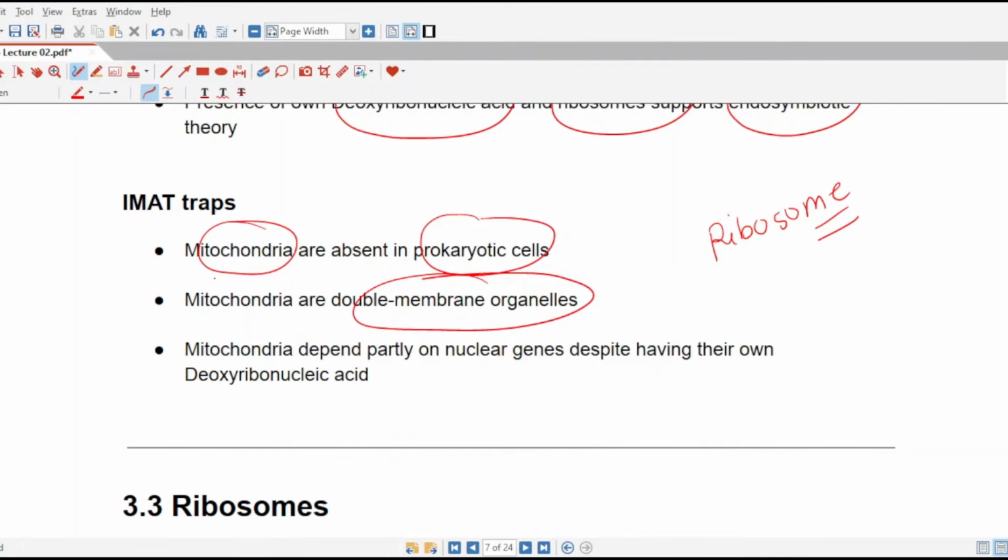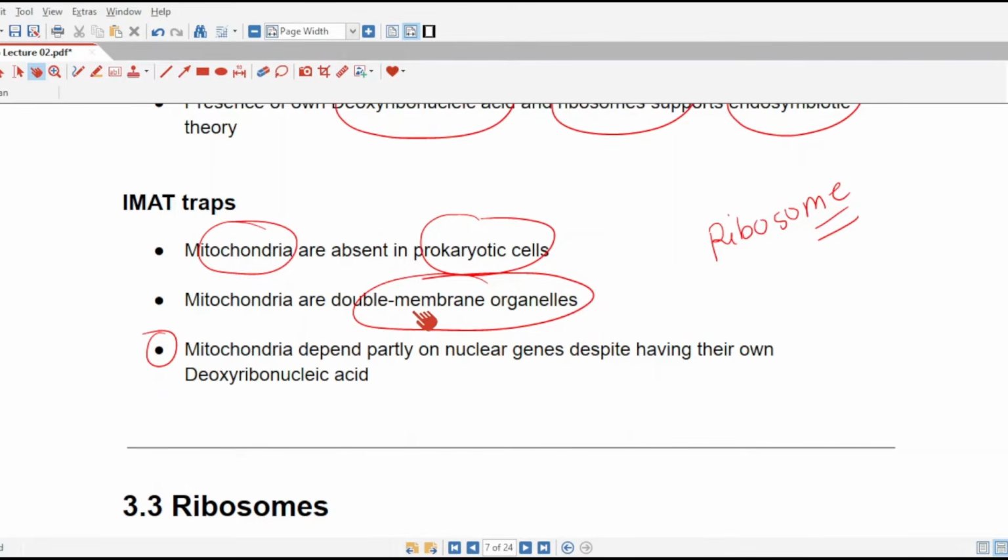Okay. And the third trap is that mitochondria depend partly on nuclear genes despite having their own deoxyribonucleic acid. This is very important. We have seen that mitochondria has circular DNA. Even after that, mitochondria will depend on the DNA of nucleus to fully function. Okay. Now, ribosome.